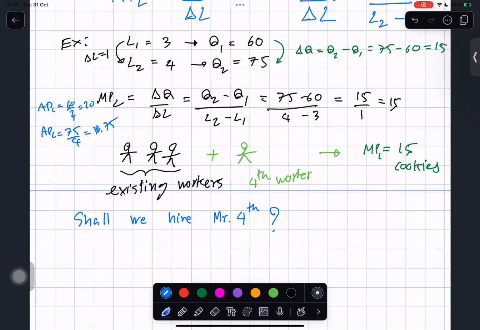Lower. Oh, you look at this number and you come up with the answer that we should not introduce this guy to the factory. Okay. Fair enough. But we should have some rule to make this decision whether we should hire this guy.